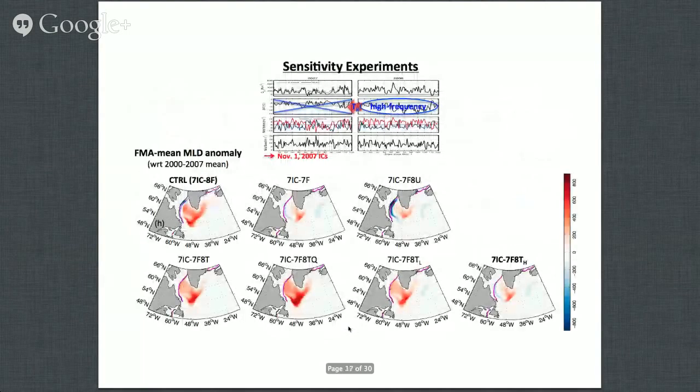Otherwise you just start with Levitus temperature and salinity. And the velocity too. So sea ice condition, temperature, salinity, and everything from November 1st of 2007 is used to run the sensitivity runs. Okay.